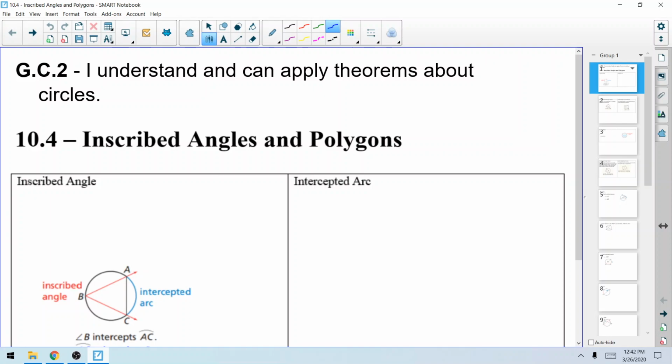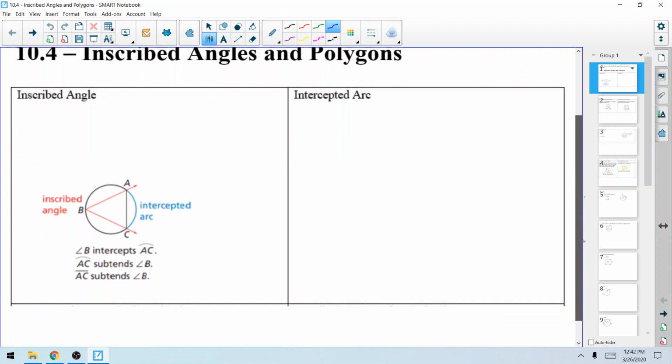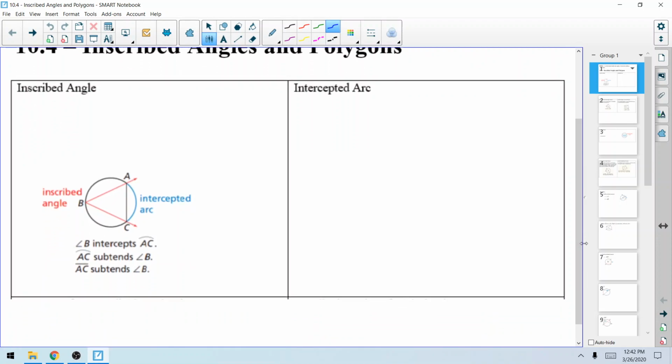Starting off, we're going to start with a couple definitions. First definition we're going to start with is an inscribed angle.